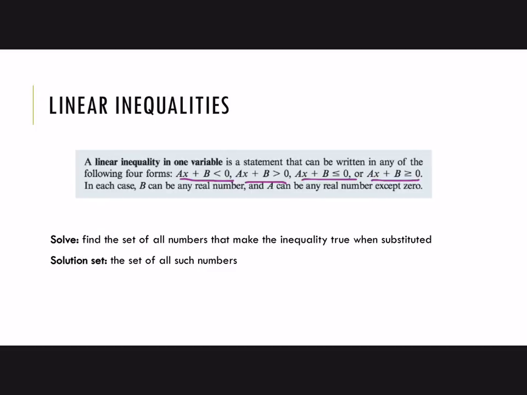So this is just based on how we defined linear equations. Previously we said if you can write an equation as ax plus b equals 0, then that's a linear equation in one variable. Now we're really just looking at different symbols instead of an equal sign.